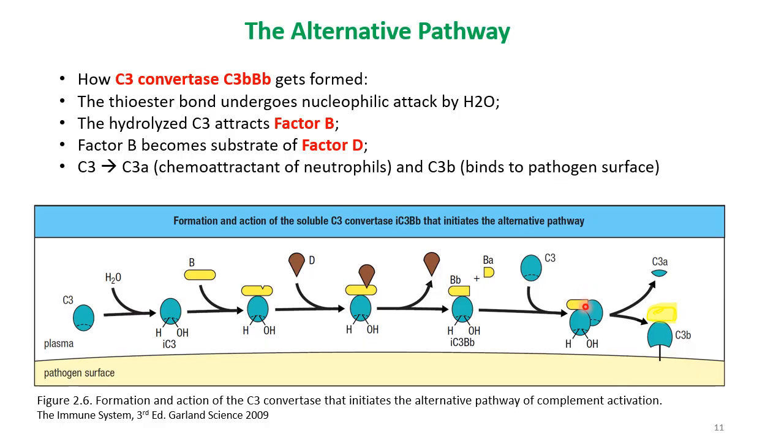So you have it active floating, you have active bound to the surface. Okay, so what is the result of this? Once you have this complex that is formed of C3b, Bb, remember, this guy here is your active C3 convertase. It is going to amplify the cascade at this point, okay?